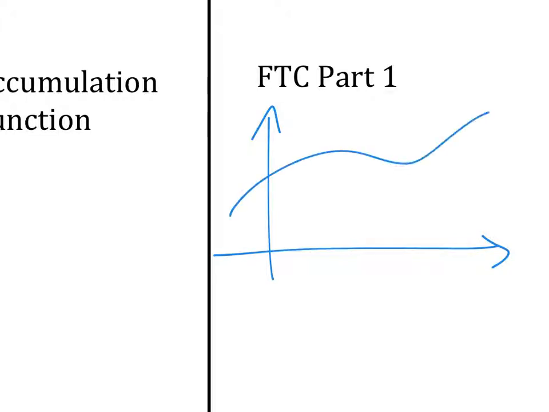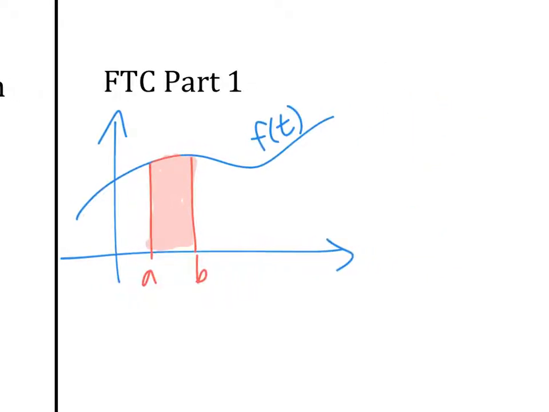The accumulation function says, if you have this graph, and let's say this is f of t, and you want to figure out the area between A and B, you just need to find the integral from A to B of f of t dt.